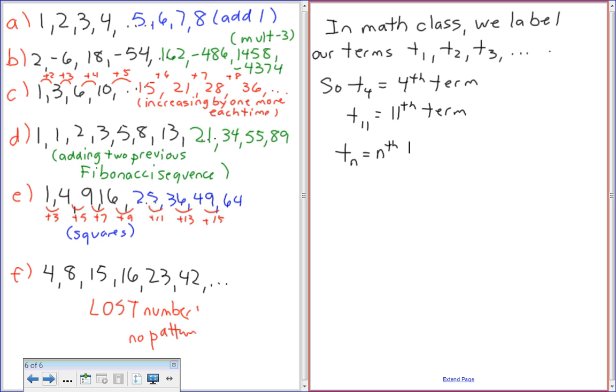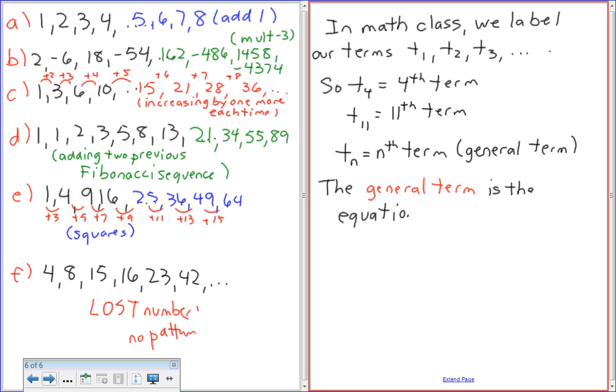Tn is going to be the nth term. The general term is the equation that makes any other term in the sequence.